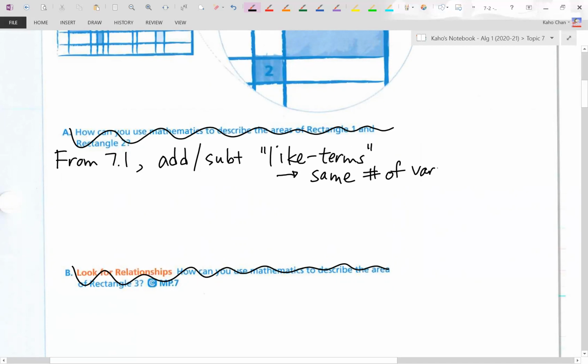Write this down. What does change are the coefficients. These are the numbers in front of the variables.